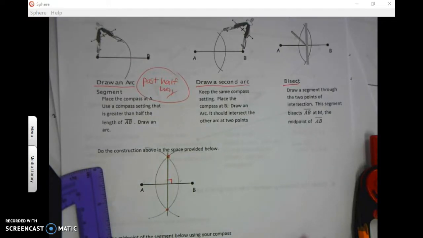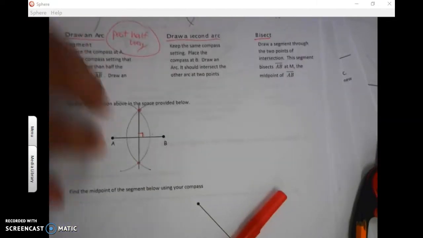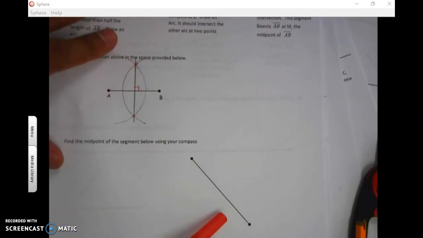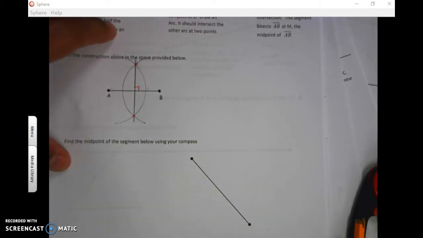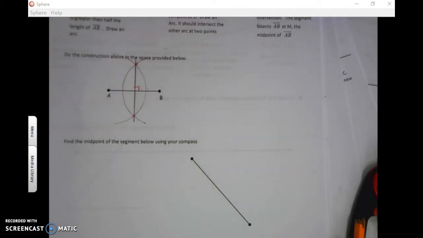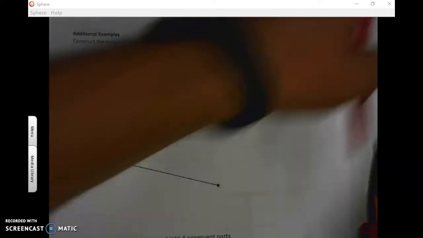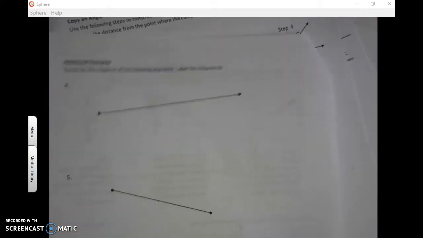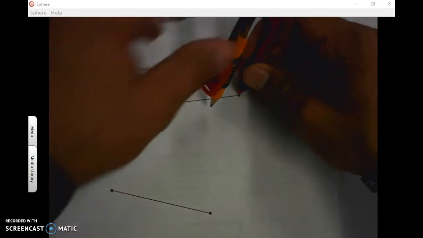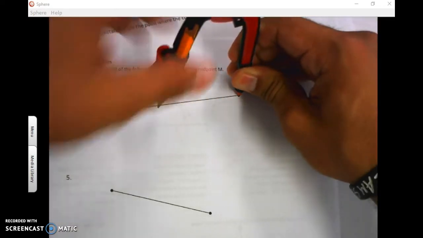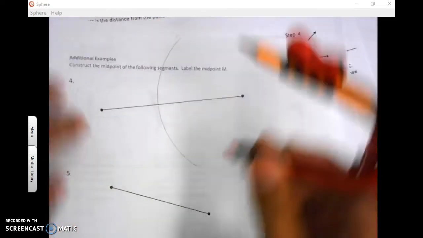So, what I want you to do is do that same thing at the bottom, right here, and then flip it over and try number 4, 5, and 6 on the other side. So go ahead and try that now, please. On number 4, 5, and 6, number 4 and 5 are normal, just make a midpoint. So I'm going to go a little bit past halfway, make my 2 arcs.